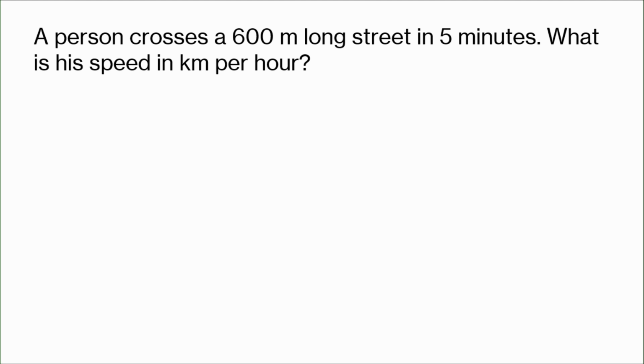A person crosses a 600 meters long street in 5 minutes. What is the speed in kilometer per hour? So, it is very clear. The distance is given as 600 meters, correct? Okay.